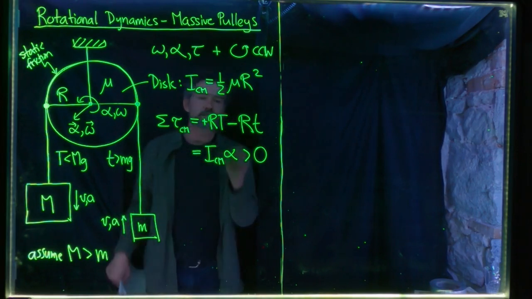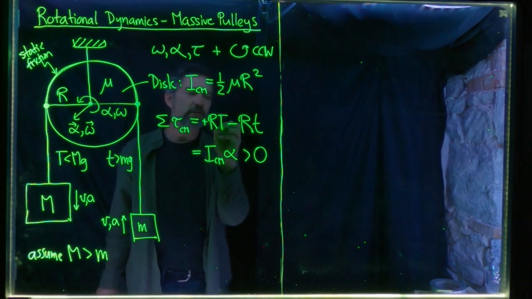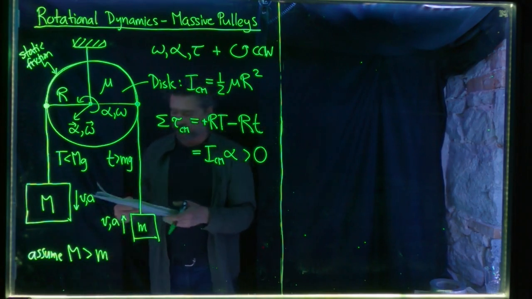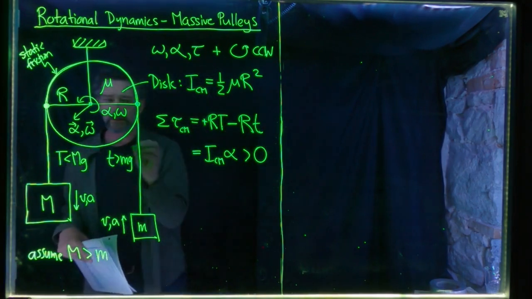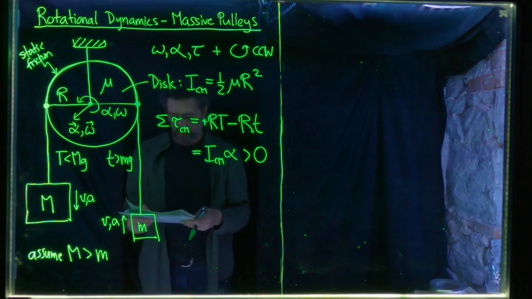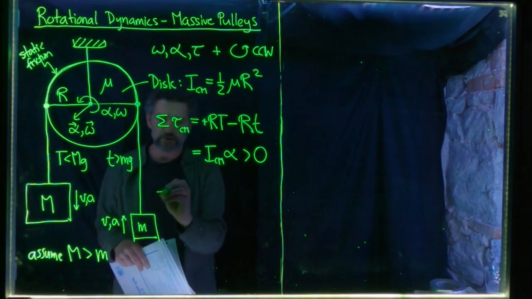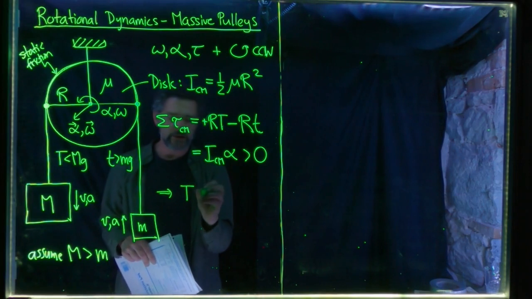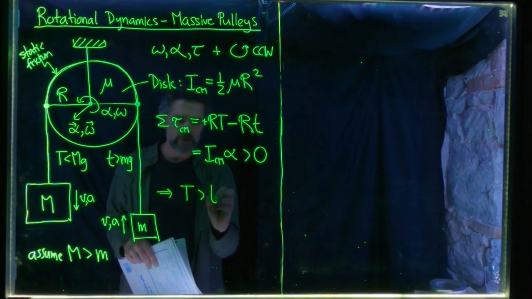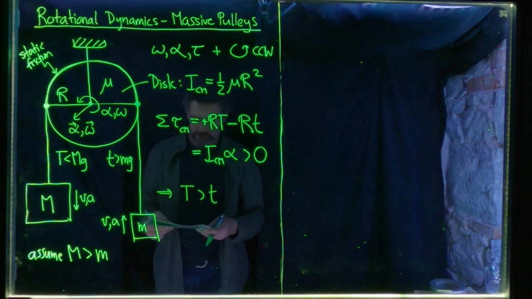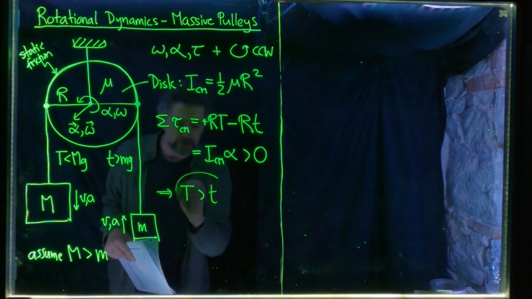Okay, and so what we see is that the tension big T must be bigger than the tension little t. So we can no longer assign equal tensions to both sides of the pulley in a realistic situation like we're dealing with now. So we see that the tension in the left rope, big T, must be bigger than the tension little t in the right-hand rope.